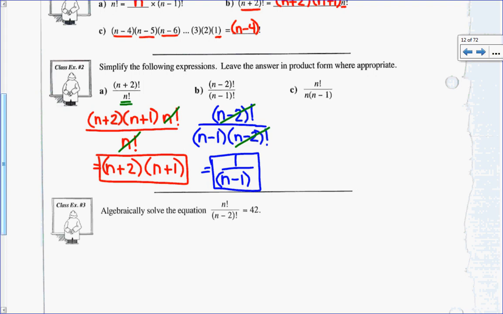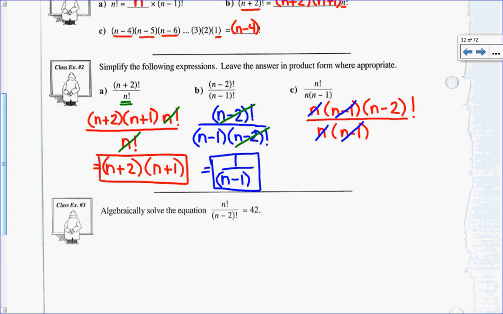N factorial on the top is n times n minus 1 times n minus 2, and it keeps going on and on, so we'll put the factorial to show that it keeps going. Then on the bottom I have n times n minus 1. In this case, my n's cancel, my n minus 1's cancel.